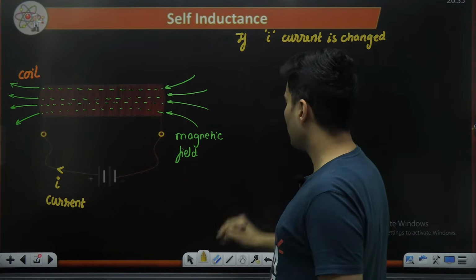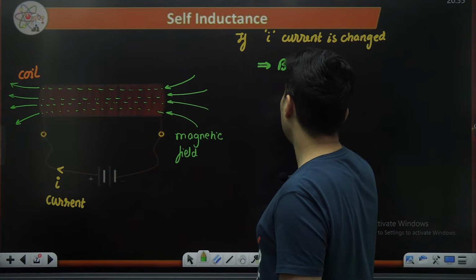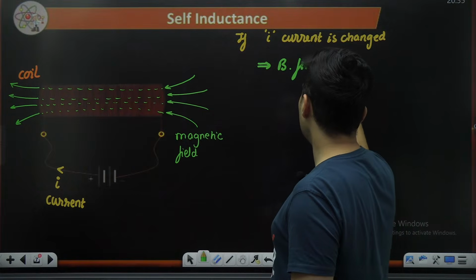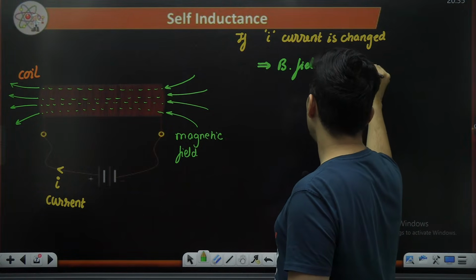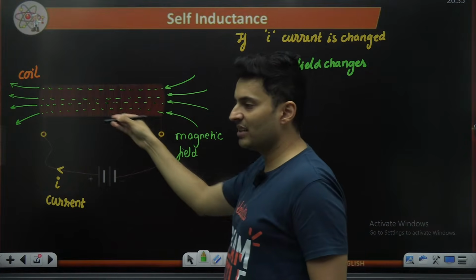Think about it. If the current is changed, then immediately the magnetic field will change. The magnetic field changes. If the magnetic field changes, it is passing through the coil.